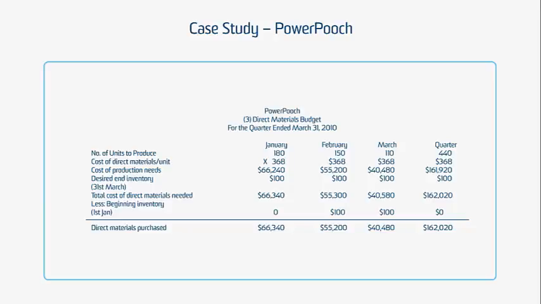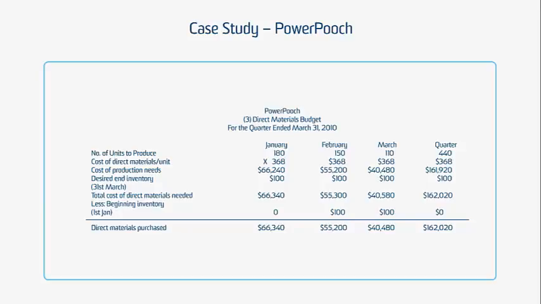We now need to add in desired ending. The information in the question says that they introduce a policy where they want to have $100 of raw materials left at the end, so $100 for each period. This gives us the total cost of direct materials that we need.